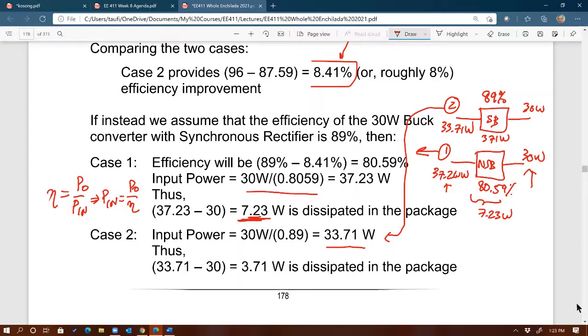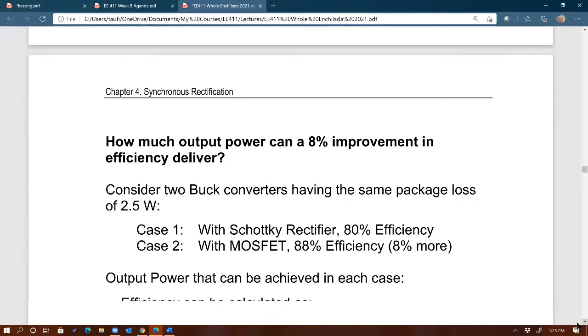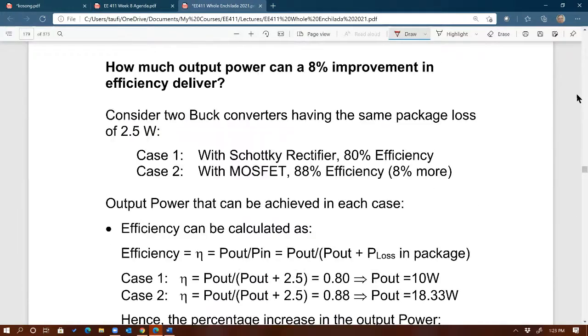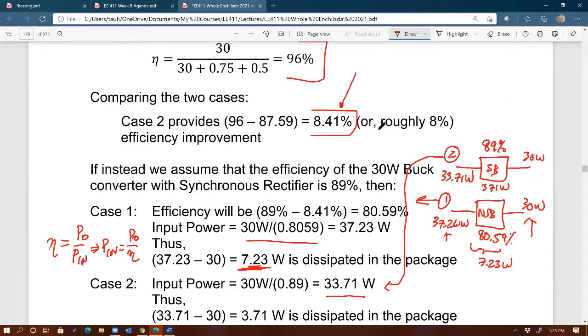Any question on this? All right, and then this last one, hopefully. Yeah, last calculation. All right. So you might say 8% improvement, that's not much, right? 8.4 to be exact. You may say 8% is not much.